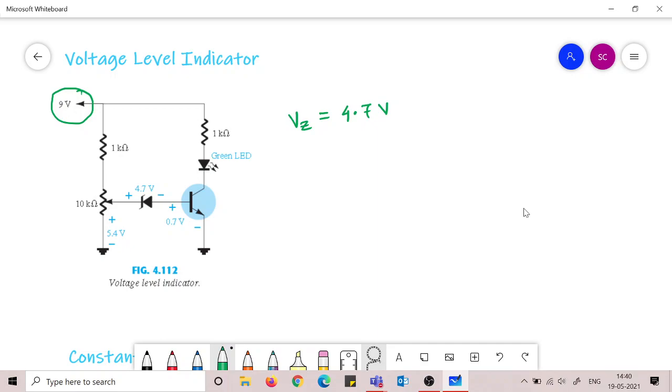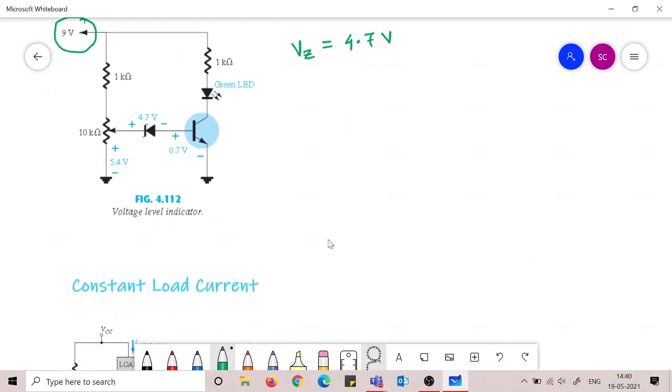So this will stop the current in this output green LED. So the LED will stop glowing. This is what will happen. So a drop in this voltage level will cause the current through the green LED to become 0. Okay. This is how it is working.